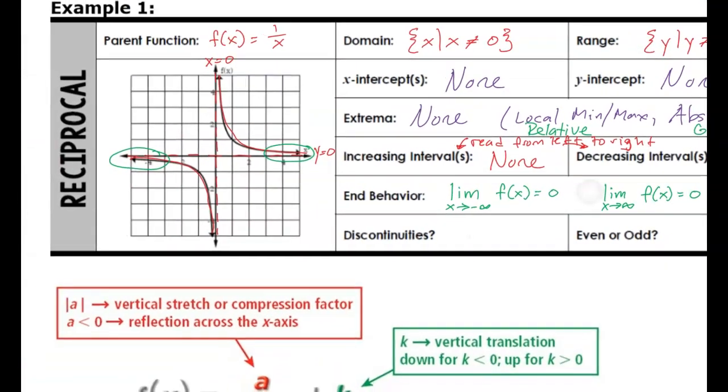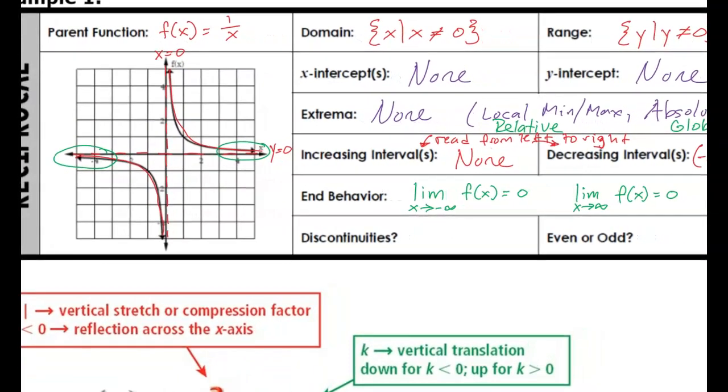Discontinuities. What discontinuities do we have? What asymptote? So, remember way back when I described discontinuities to you, I said a discontinuity is when you're tracing your pen from left to right and you have to pick up your pen to continue. Does the horizontal asymptote ever force you to pick up your pen?